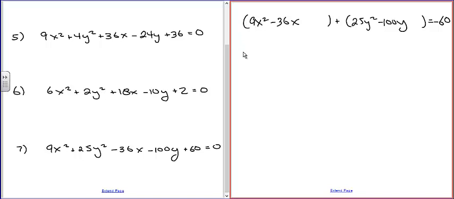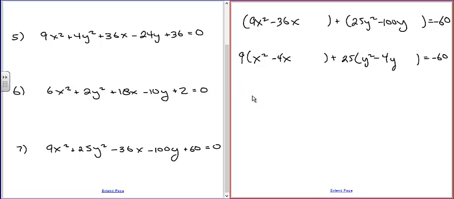So we've got a factor of 9 here because we've got 9x squared, so it's going to be 9 times x squared, negative 36 divided by 9 is negative 4. Here we've got 25, so we'll factor out 25. We'll get y squared, 100 divided by 25 is 4, so we get 4y. That's equal to negative 60.